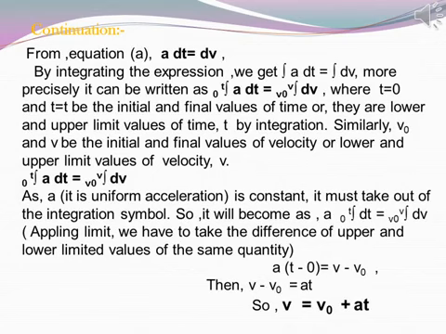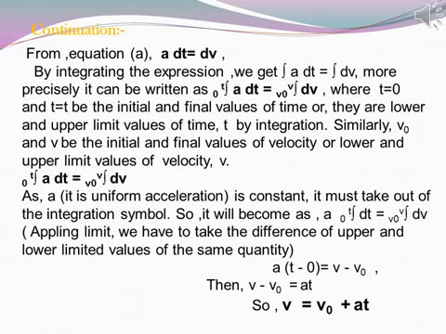As a, which is uniform acceleration, is constant, it must be taken out of the integration symbol. So it will become a times integration from 0 to t of dt = integration from v0 to v of dv.